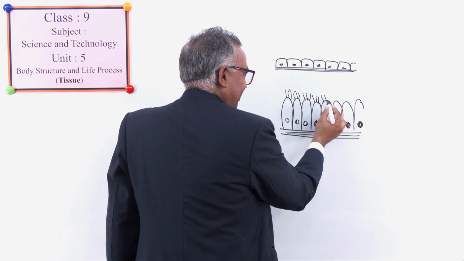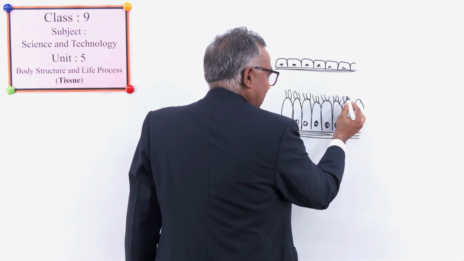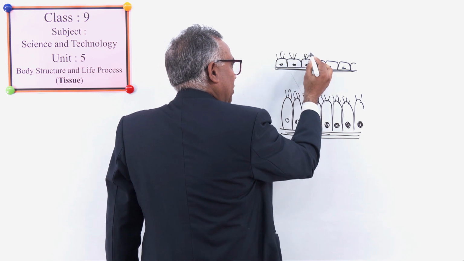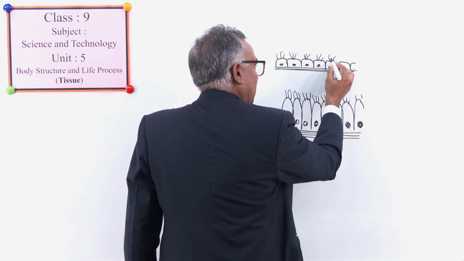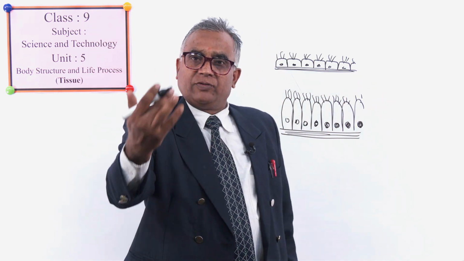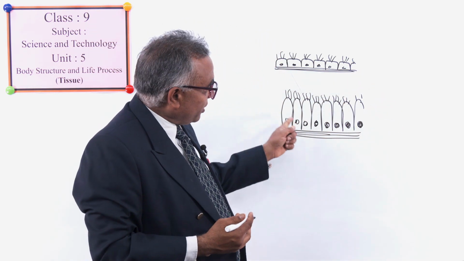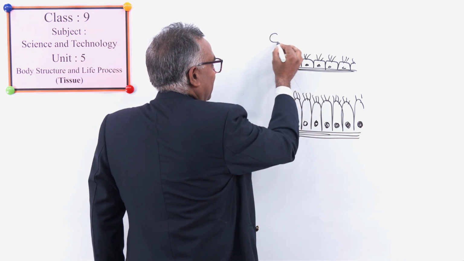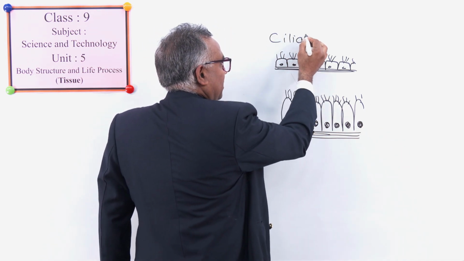That is cilia. That also may be present. As I told you, cubical epithelium and columnar epithelium may modify into different forms. So if they have such hairy structures, now they will be termed what? Ciliated epithelium.